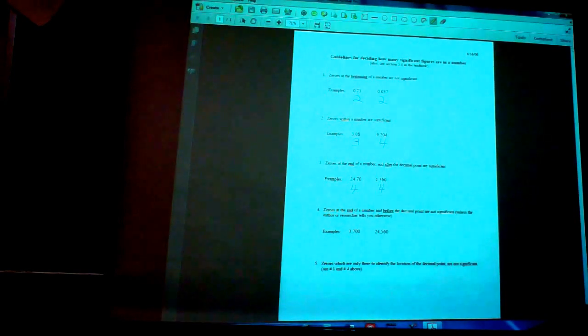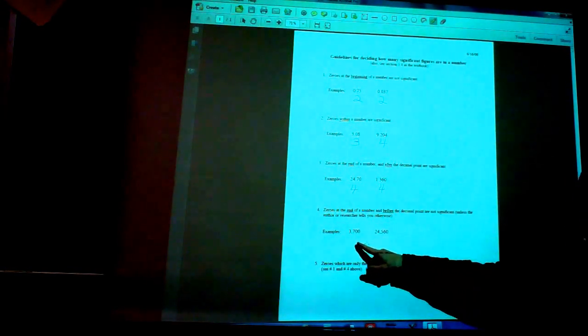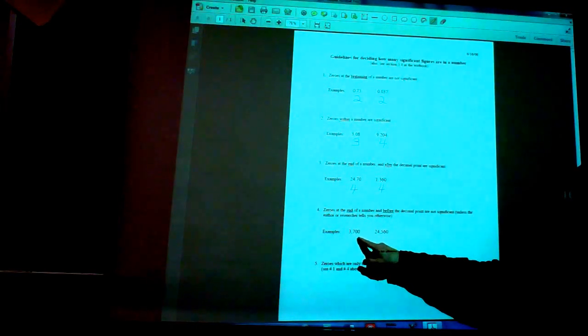All right, next one. Number 4. Zeros that are at the end of a number but before the decimal point are not significant, unless the person who collected the data tells you otherwise. So the assumption here is, let's look at the first one, 3,700.